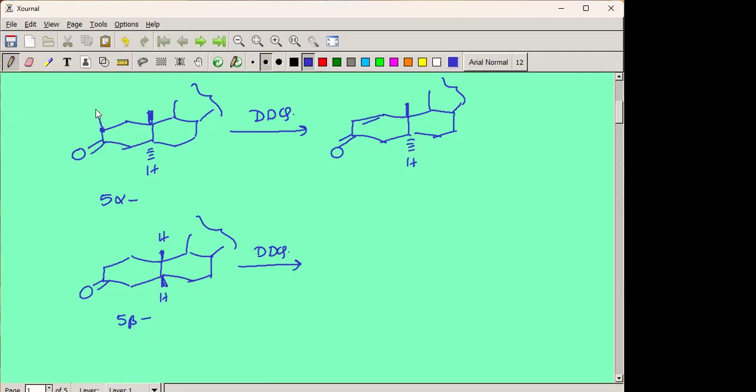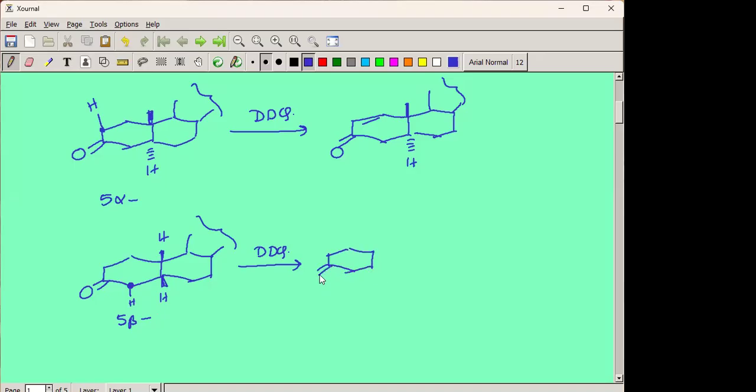From this, the hydride ion is removed. But in the case of 5 beta, this hydride ion is favorable. So from this, the hydride ion is abstracted. So by that, we get the product like this.